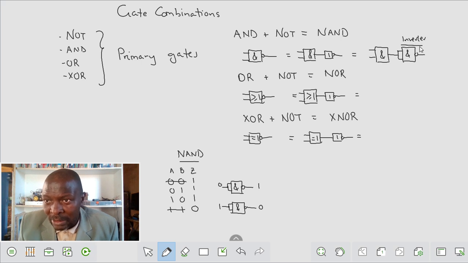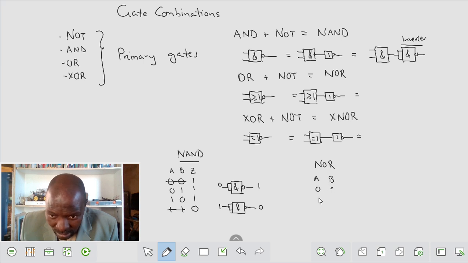All right, and then let's also prove something else with the NOR gate. Does the same happen? Let's look at NOR gate inputs A, B: 0 0, 0 1, 1 0, and 1 1.